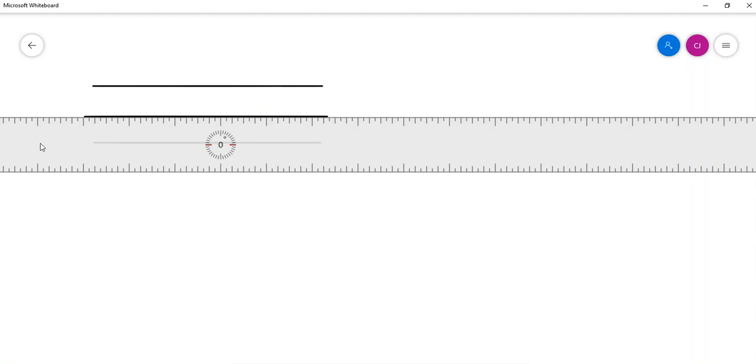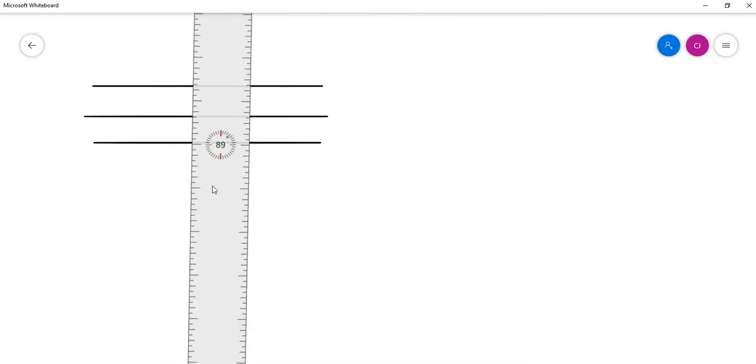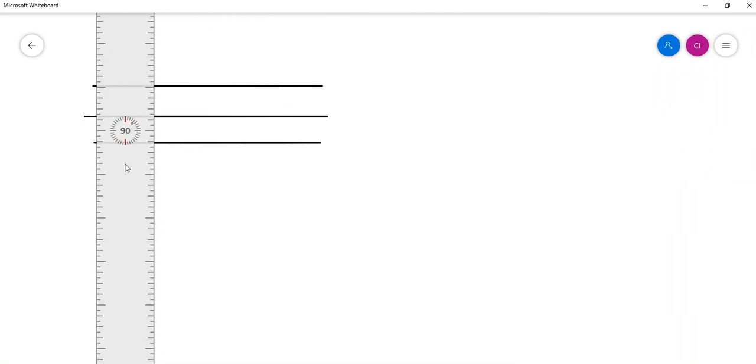So I'm going to need some lines the other way. All right, so these up here are going to be my observed values.